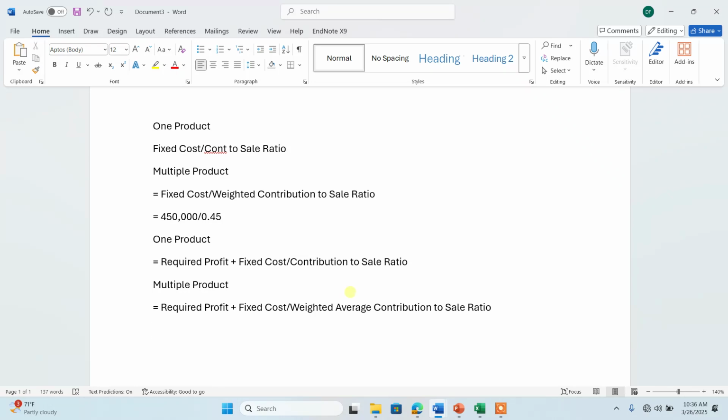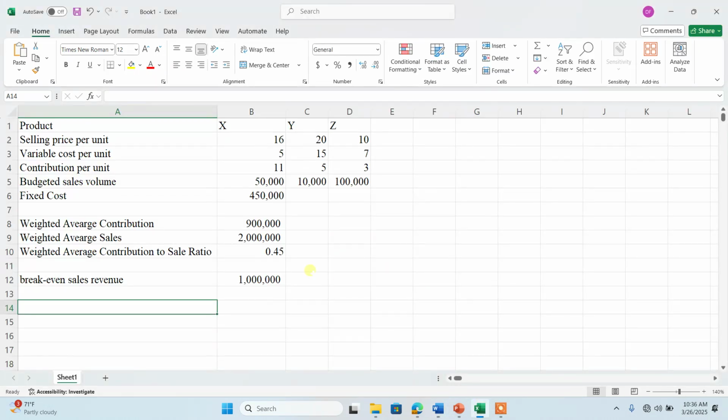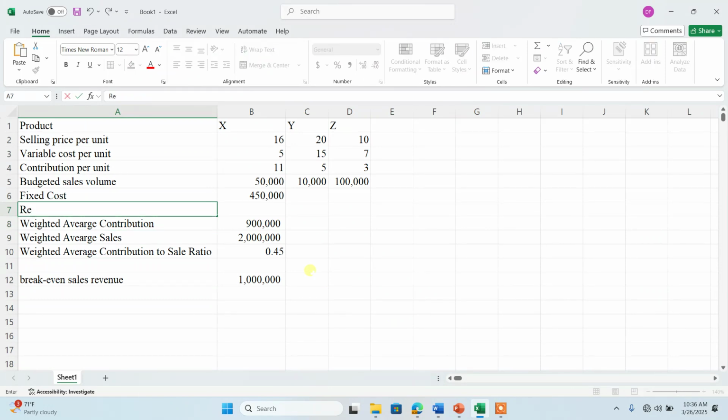Now you can put in the values. The required profit is 600,000 plus the fixed cost, which is 450,000. Once you add both, you divide by the weighted average contribution to sales ratio, which in this case is 0.45. Let's do it.